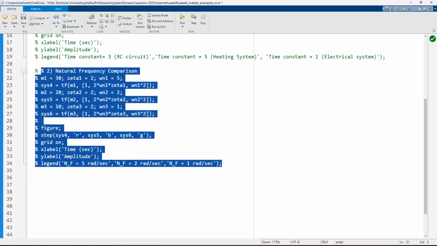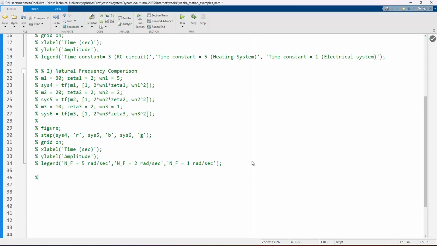So in the third place, we need to compare the damping ratio of the system.